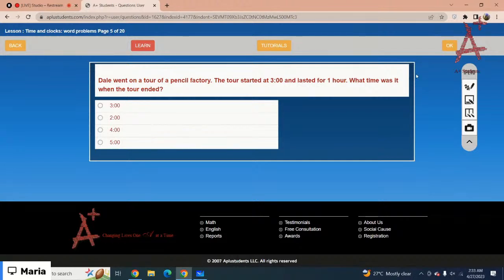Dale went on a tour of a pencil factory. The tour started at 3 and lasted for 1 hour. What time was it when the tour ended?